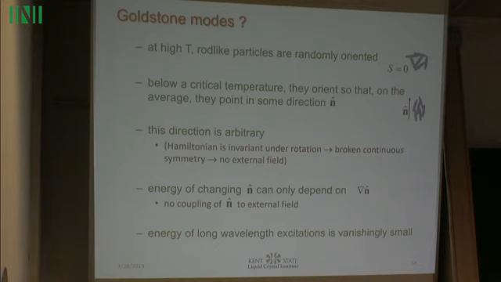So essentially, once you go through the transition, you're breaking the symmetry of this undifferentiated manifold, which is the surface of a sphere, if you like. And the point, I think, of this broken continuous symmetry is that the direction is arbitrary, and that just means that there is nothing there to define a direction. So there's no field present, because if there was a field present that would define a direction, then the argument would no longer hold.